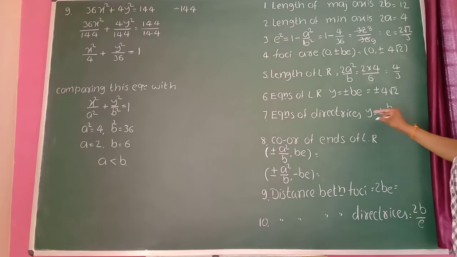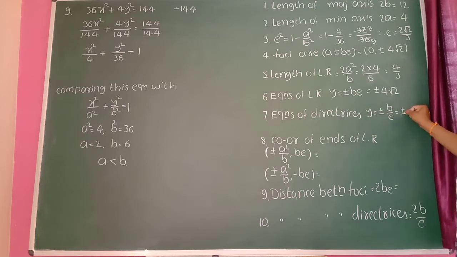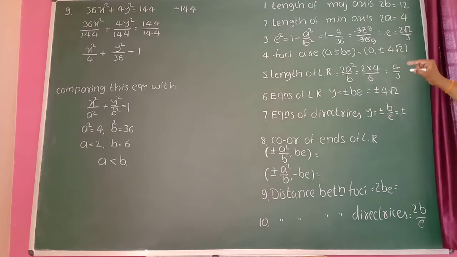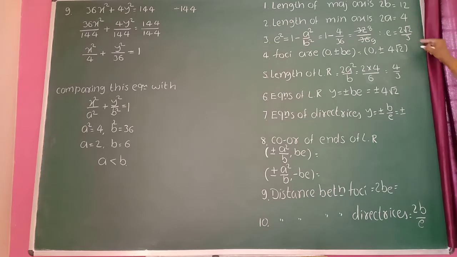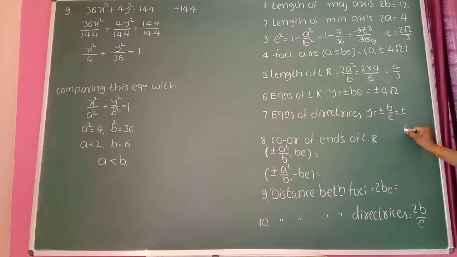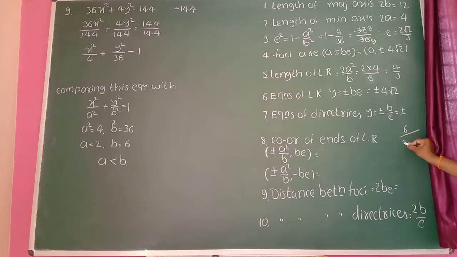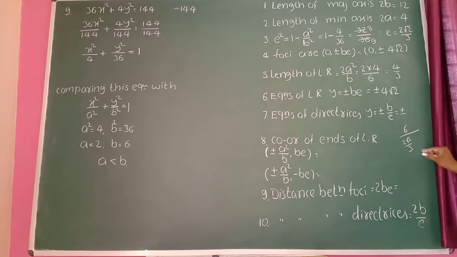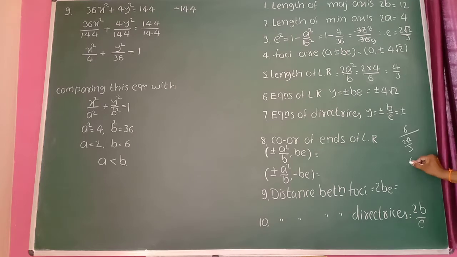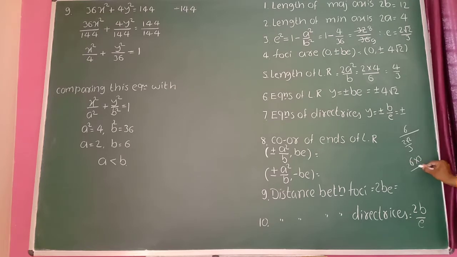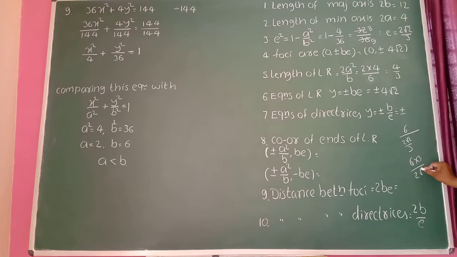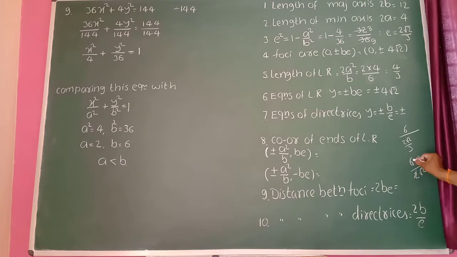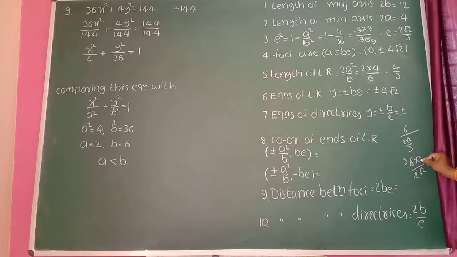And the equations of the directrix are y = ±b upon e. The value of b is 6, 6 upon this e, which means 6 divided by 2 root 2 by 3. The 3 goes to the numerator, so 6 into 3 divided by 2 root 2. 2 ones are 2, 3s cancel, 3 3s are 9.